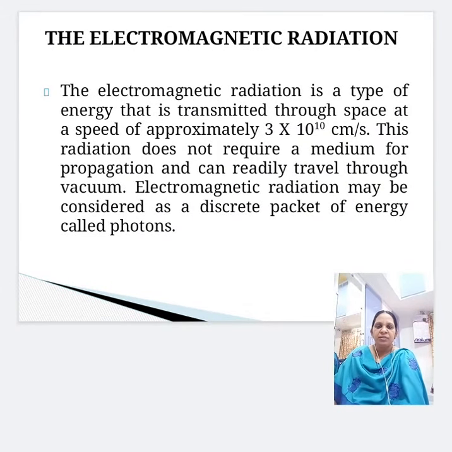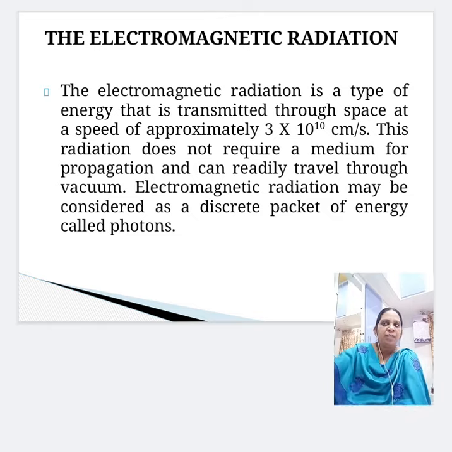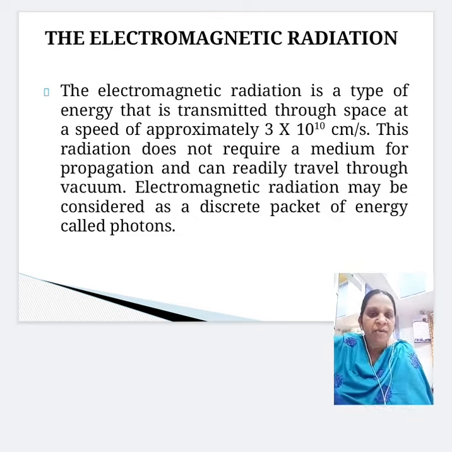Electromagnetic radiation. So what is electromagnetic radiation? It is a type of energy that is transmitted through space at a speed of approximately 3 into 10 power 10 centimeters per second.